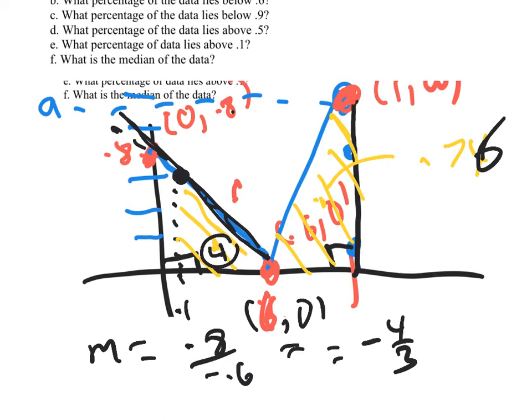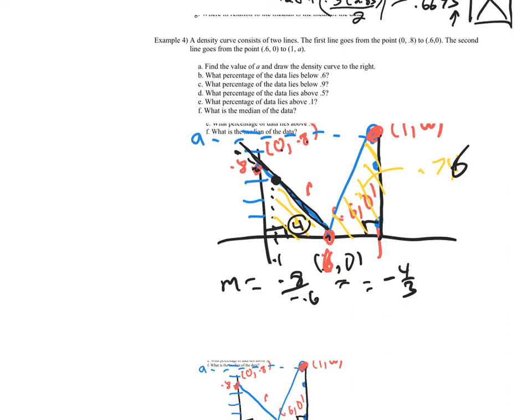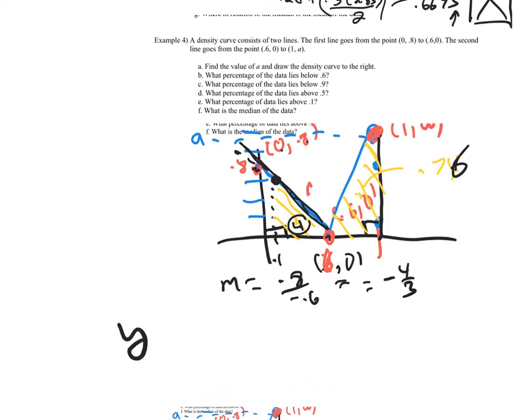Wait, sir, what points did you use for the slope? 0.8, the y-intercept, and 0.6, 0. The answer is negative 4/3. That's the slope. But the equation of the line, though, is going to be y equals negative 4/3 x plus b, but I know b, 0.8.